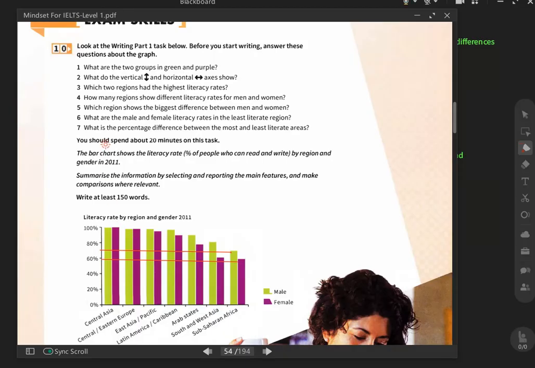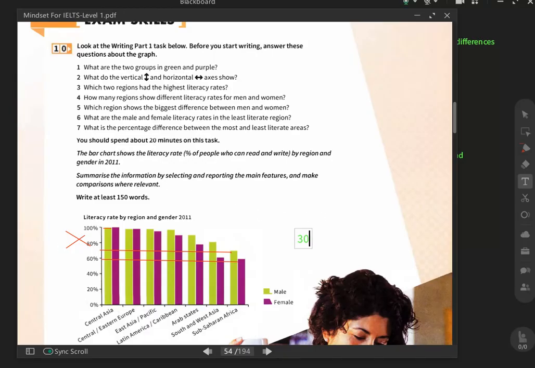And the last one, what is the percentage difference between the most and the least literate areas? So the most, the least. Most is 100, least is 70. So the difference for male is 30%.